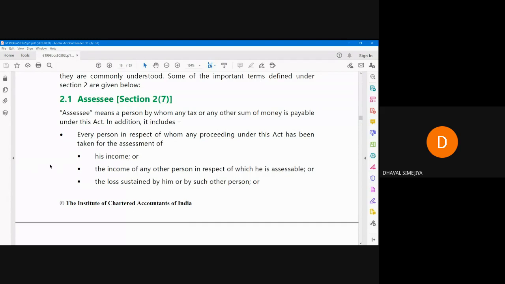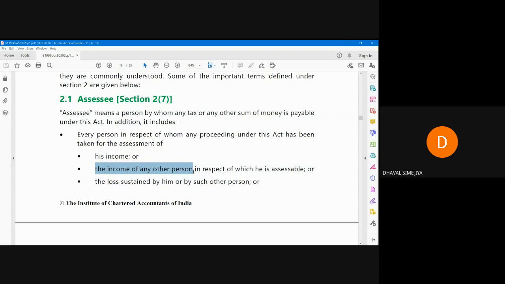Now, Mr. X transferred his business to his wife, Mrs. X. He said, now I am not an SSE. I have transferred my business. So I am not an SSE now. So here, income of any other person.